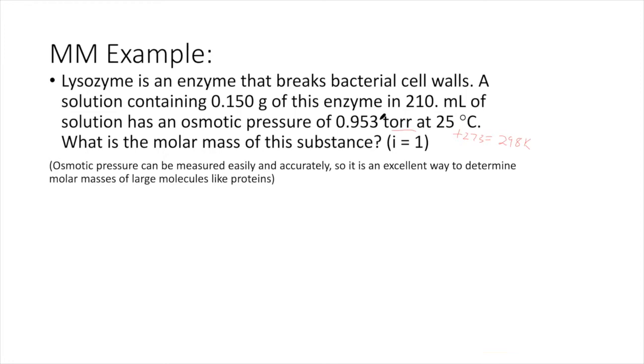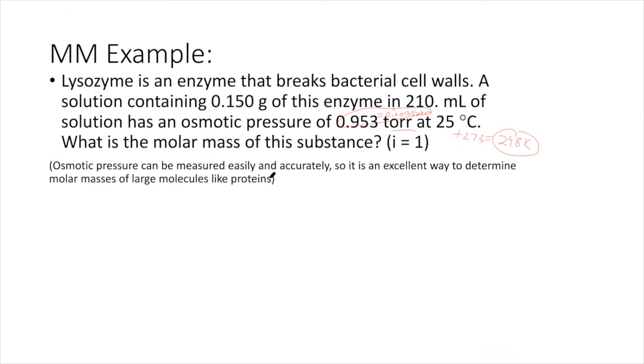So let's see, if I divide 0.953 by 760 torr, because 1 atmosphere is 760 torr, then I get 0.00125 atmospheres. Okay, all right. So those are the two numbers that we're going to actually use in the calculation.